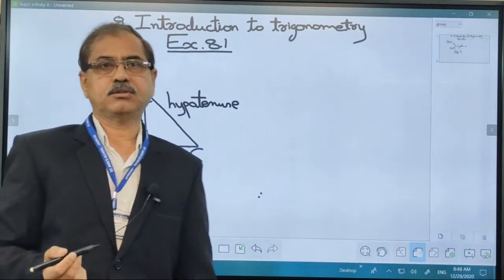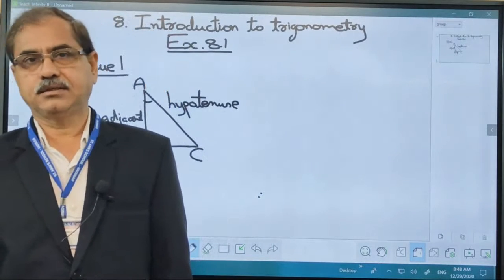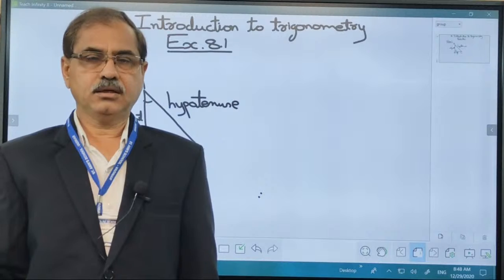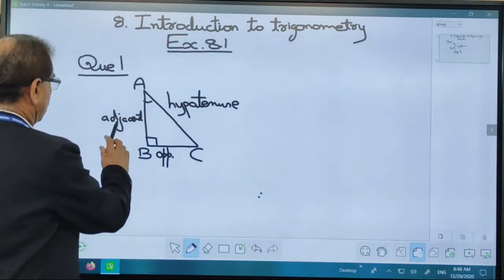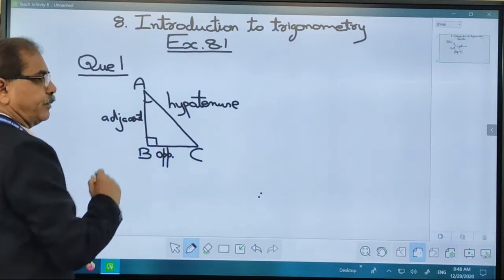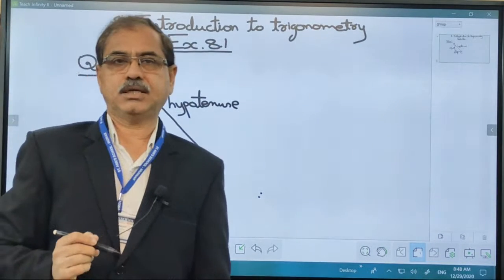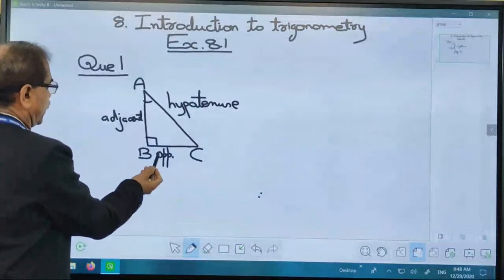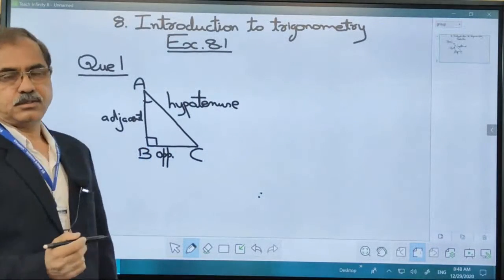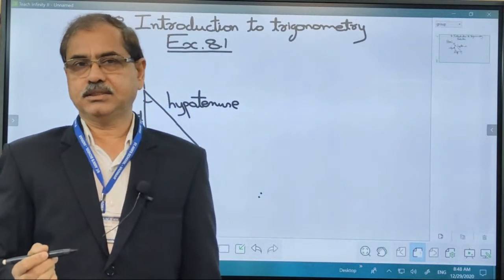It has been given the special name sine. Sine of angle A. Then the ratio of adjacent side to hypotenuse, we have named it cos. And the ratio of opposite side to adjacent side, we have named it tangent.